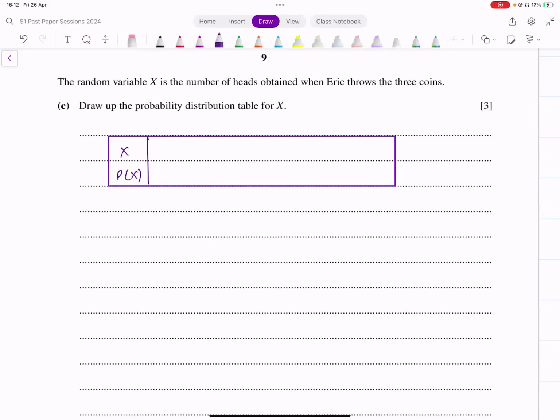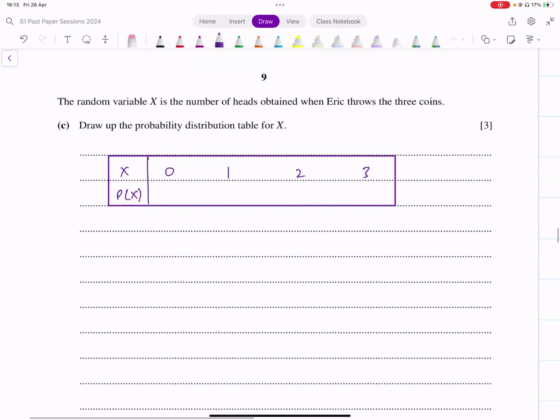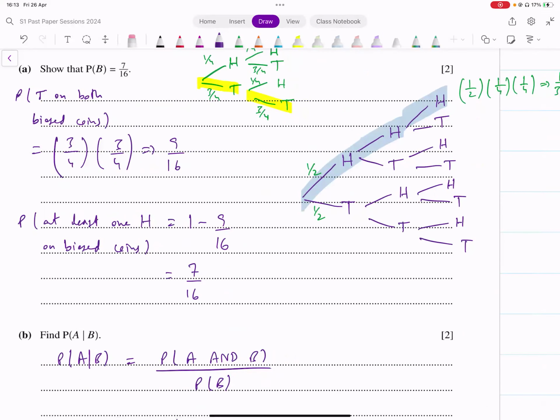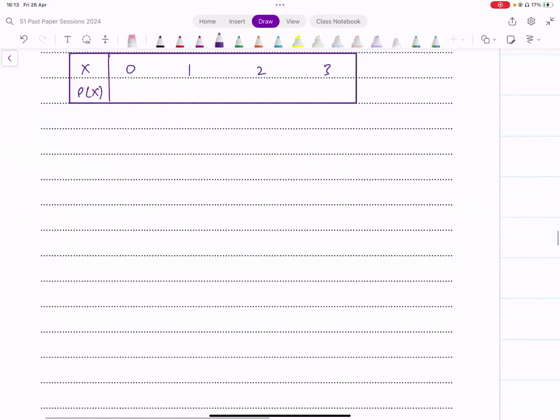What are the possible values of x? You could get 0 heads. It's possible that all of the coins show tails. You could have 1 head, 2 heads, and 3 heads. These are the possible cases that you've got. Okay. What are their corresponding probabilities? 0 heads means you've got all tails. What would that be?